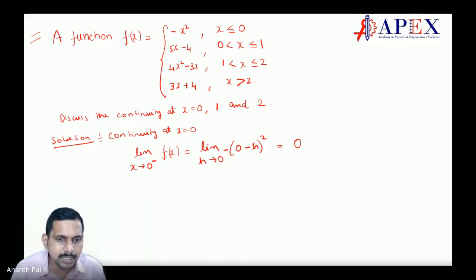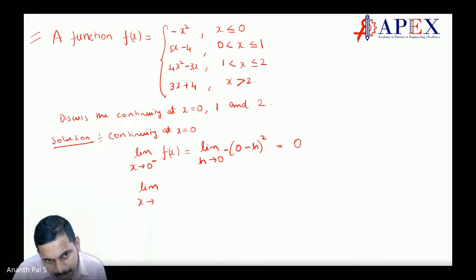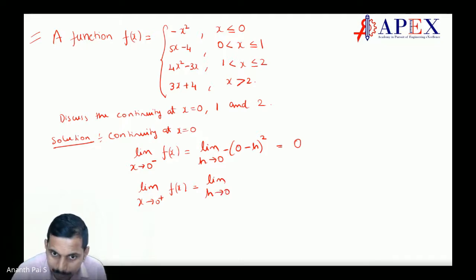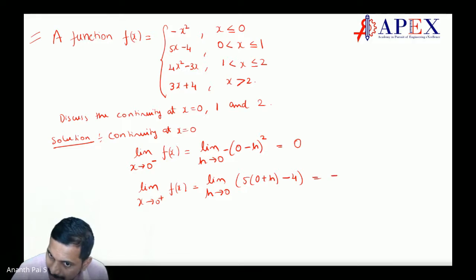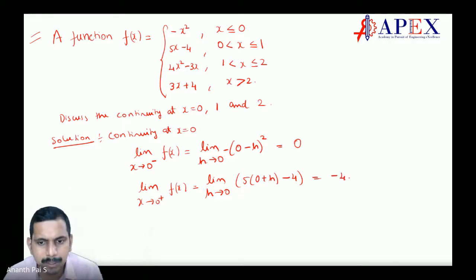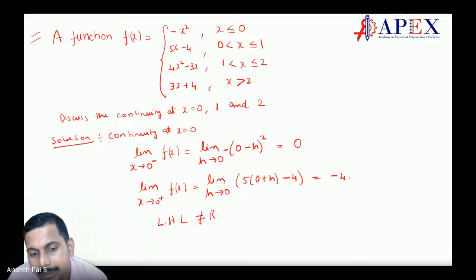That means it is approaching from the negative side. Now let us consider the right hand limit. Limit x tending to 0 plus f of x is equal to limit h tending to 0 of 5 times (0 plus h) minus 4. It comes as minus 4. So the left hand limit is not equal to the right hand limit.